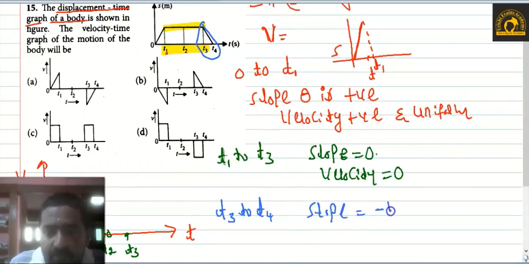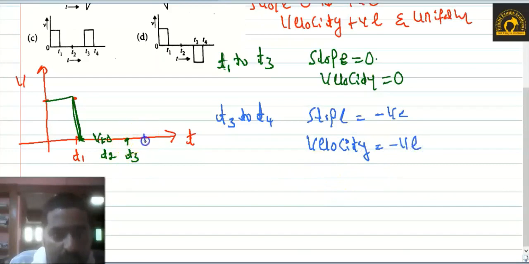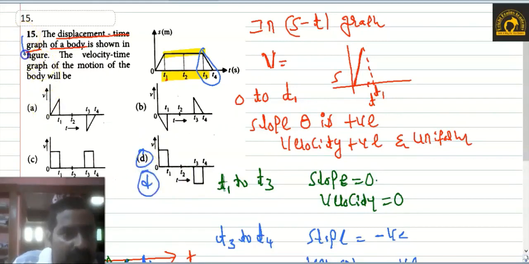The slope is negative means the velocity is negative from t3 to t4. So which graph is similar to this one? Let's check. Option D is similar to this one. Option D is the correct answer for the 15th question.